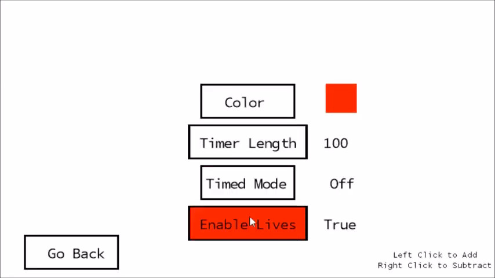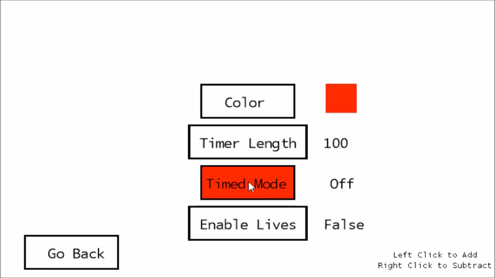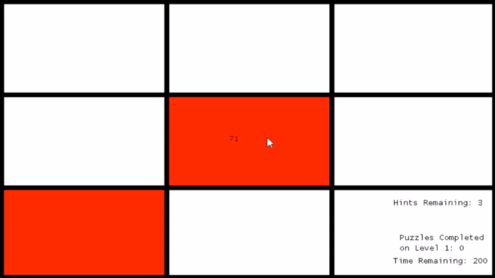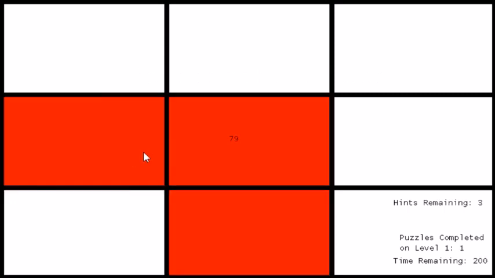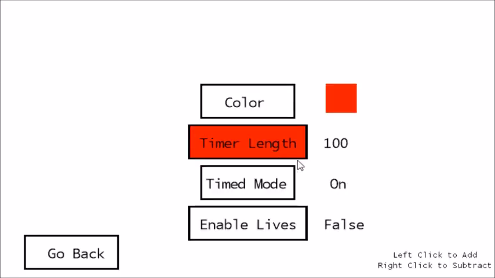And so I can turn lives off, and now I'll turn timed mode on. Now in the bottom you can see I have a timer. If I go back and then I turn lives on, then if I don't put in an answer, then I believe, yeah, I lose a life.